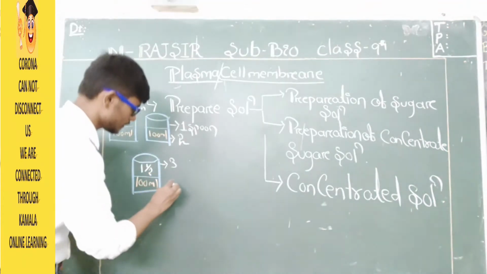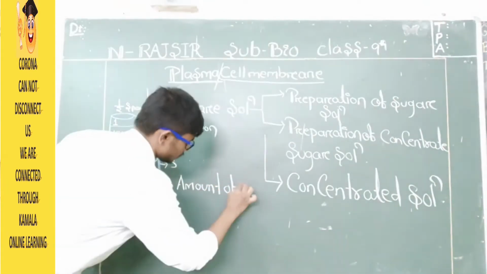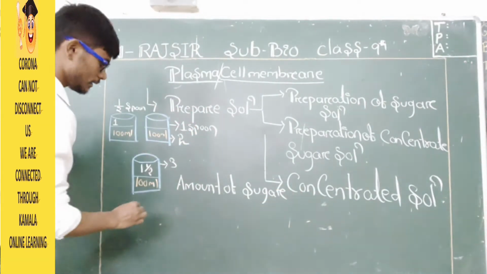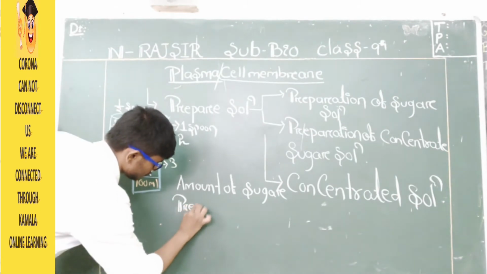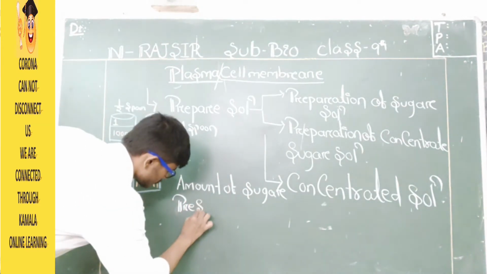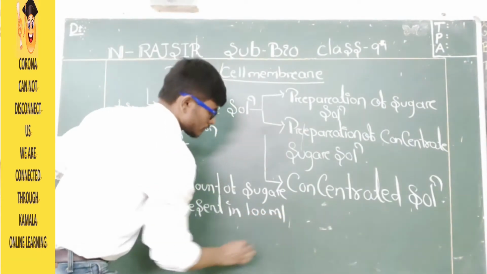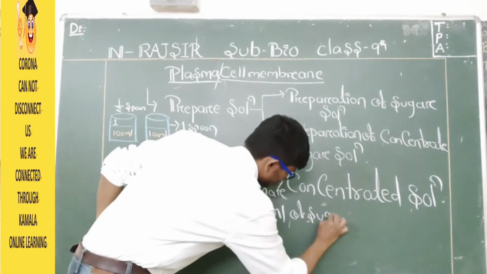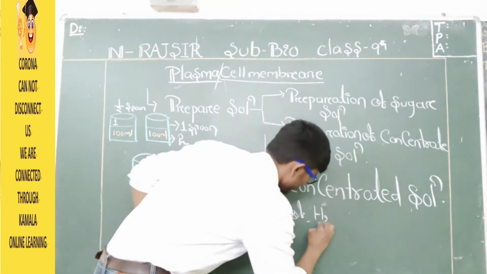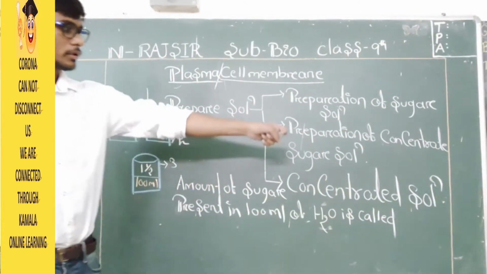We will tell that the amount of sugar present in 100 ml of water is called concentrated solution.